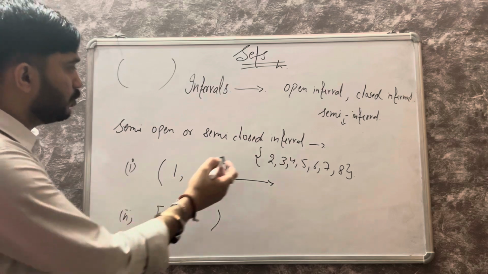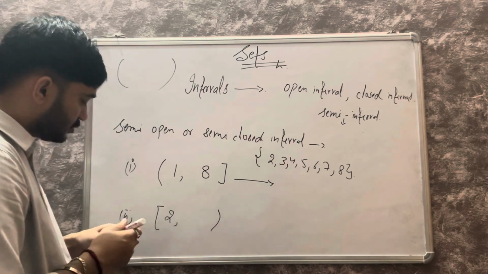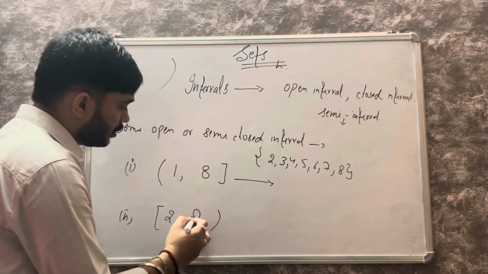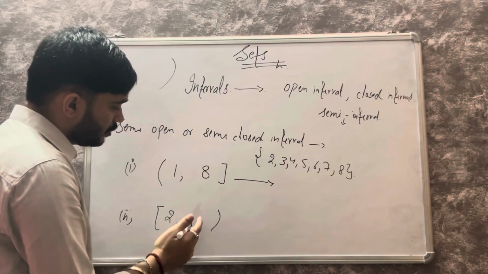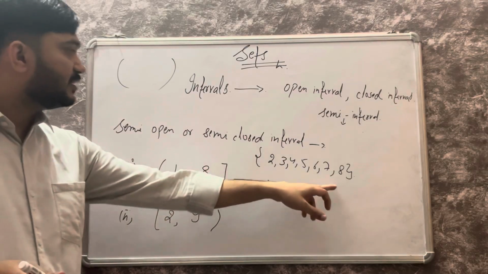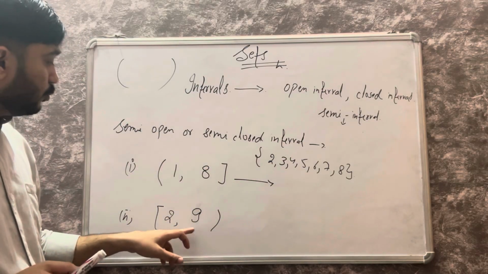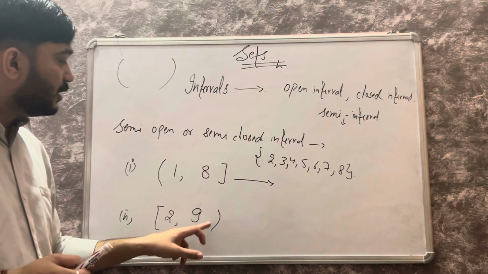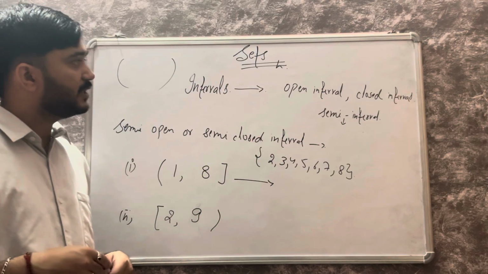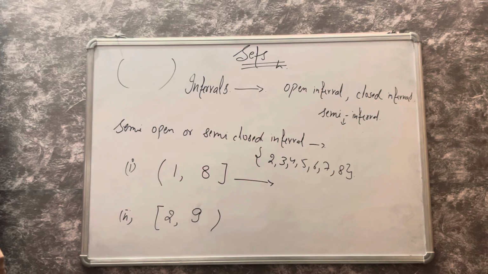Here we write 2 because it is closed at the starting part, but it is open at the ending part. That's why 8 is not written here, because 9 shall not be included in this set. Any doubts? Please take a screenshot if you want.